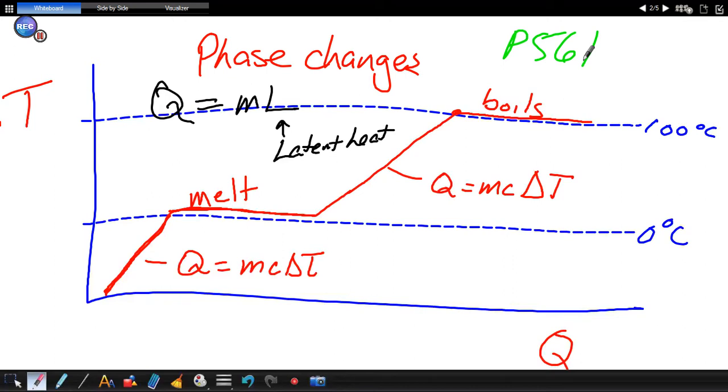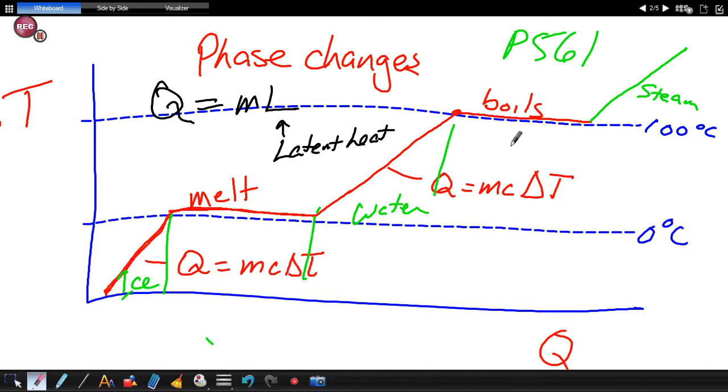And we can identify certain regions here. All right, this is ice. This region is water. And then once the temperature goes back up, this is steam.